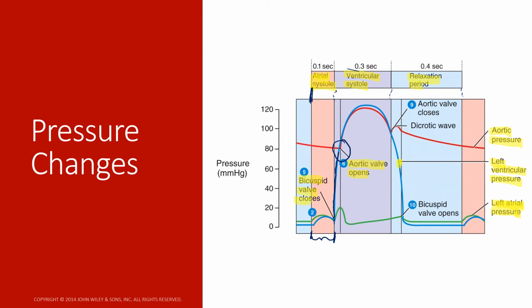Now, continuation of the contraction of the ventricles is going to cause pressure inside the chambers to rise quite rapidly. We're going to open that aortic valve, and then the blood is going to flow from the ventricles into the aorta.